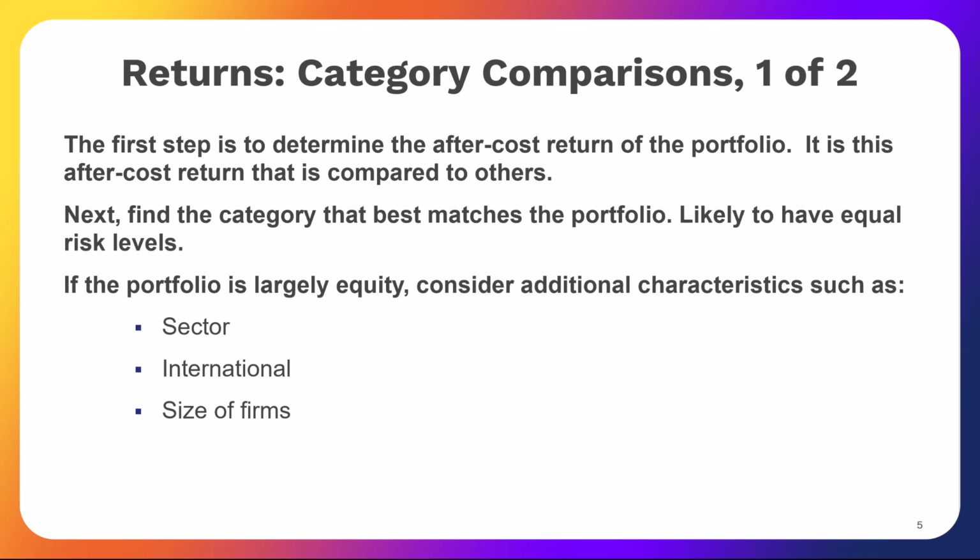The next step is we need to find the category that best matches that portfolio. That way it will likely have equal risk and returns. So we want to make category comparisons. If the portfolio is largely equity, consider some additional characteristics.